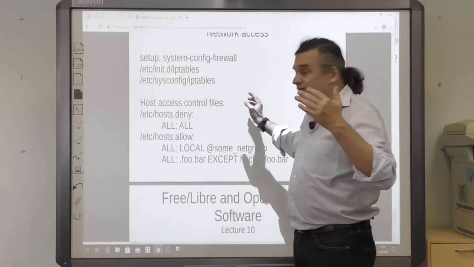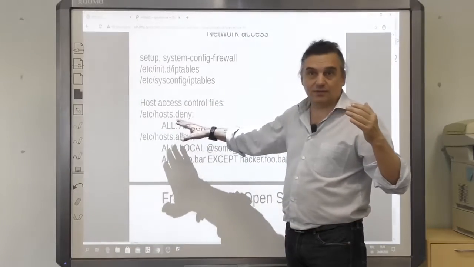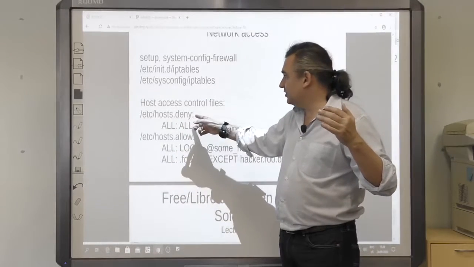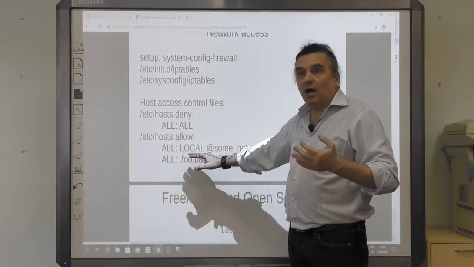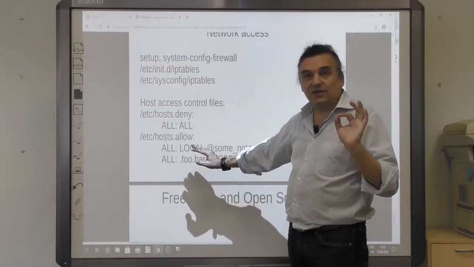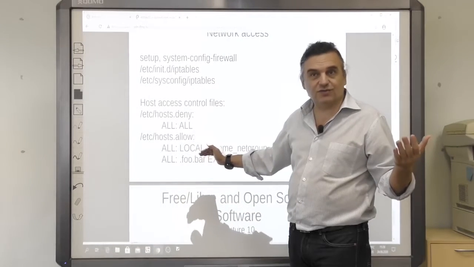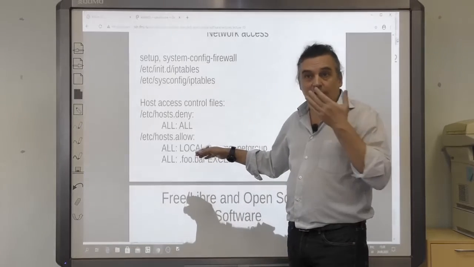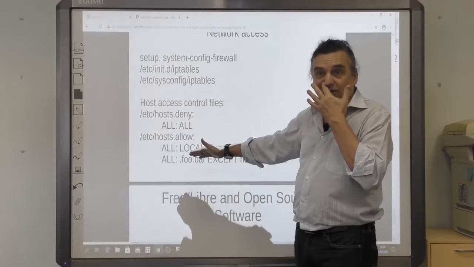Again, the easiest way is to disable everything in the configuration file /etc/hosts.deny and allow only a fixed list of hosts to access your computer, for example, via SSH, in hosts.allow.